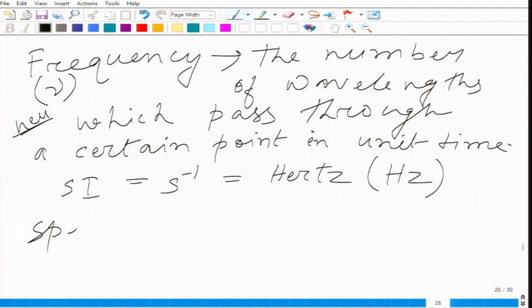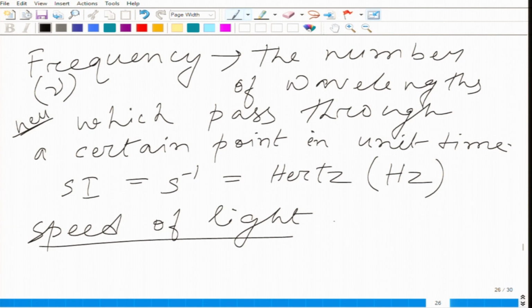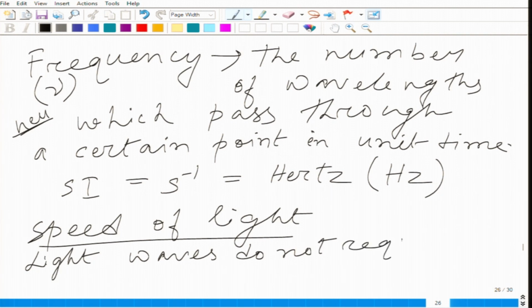And the third parameter is speed of light. You know the definition of speed. Now light, unlike sound waves, does not require a medium to travel.